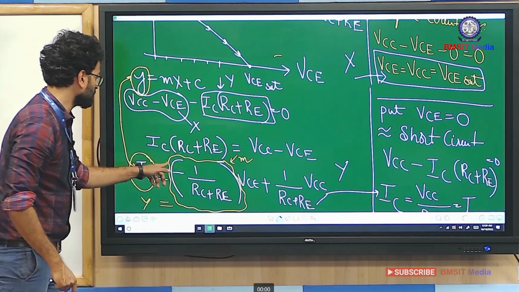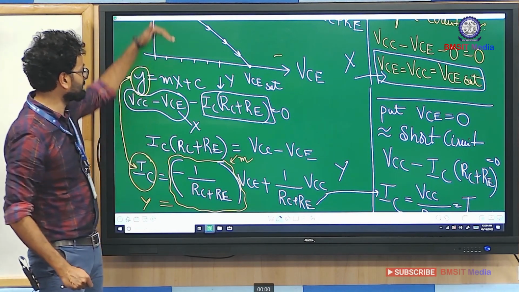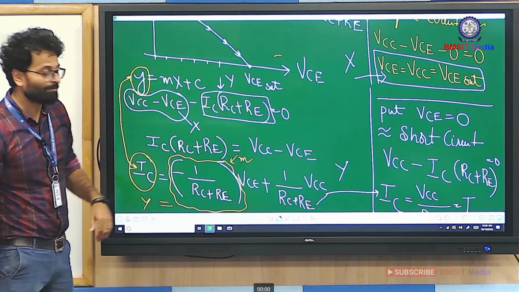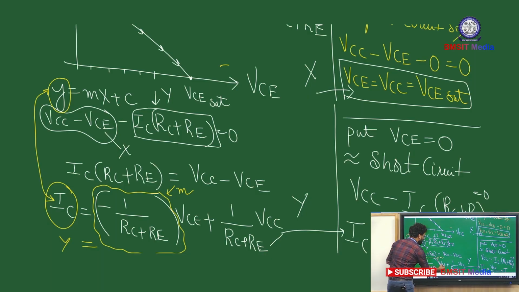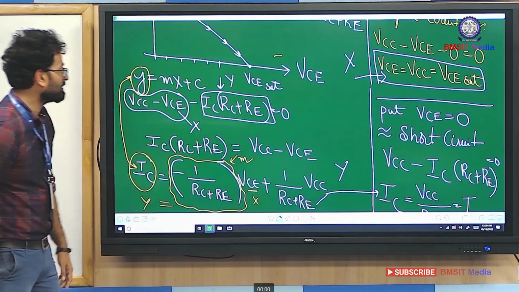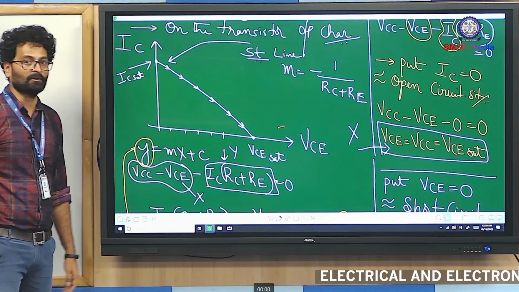The minus sign is present here, and that's the indication that the slope is a downgoing ramp. And then you have VCE, which is your x variable, along the x-axis. And C is a constant. That's how you extract the slope information of the straight line. So that's your load line.